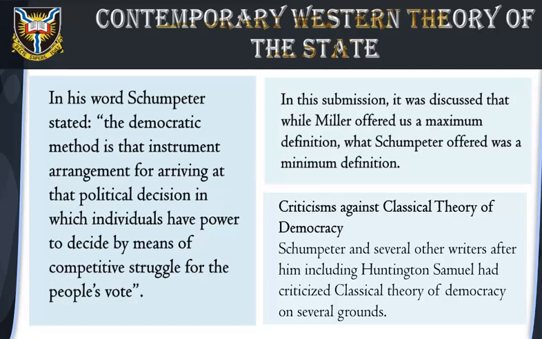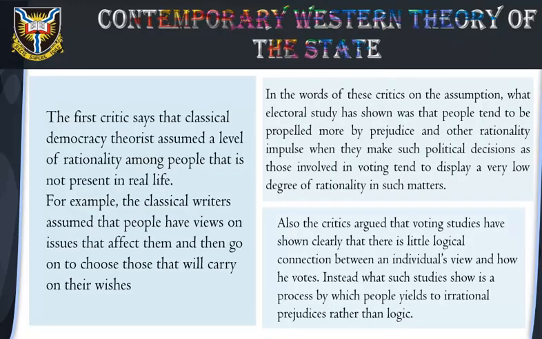Criticisms against classical theory of democracy. Schumpeter and several other writers after him, including Samuel Huntington, have criticized classical theory of democracy on several grounds. The first critique says that classical democracy theorists assumed a level of rationality among people that is not present in real life.